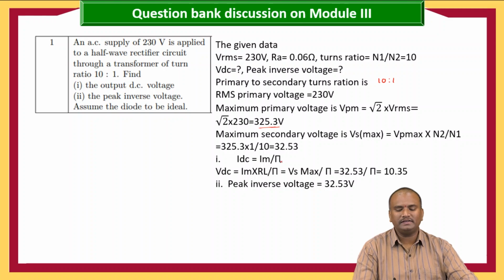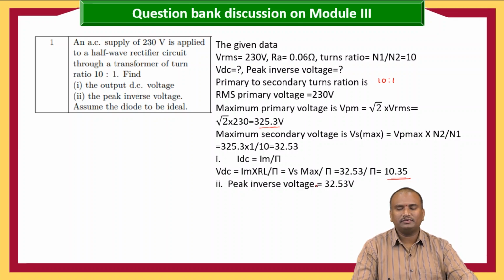And here IDC is equal to Im by pi, where VDC is equal to Im into RL by pi, which is equal to Vs max by pi, which is 32.53 divided by pi, which is equal to 10.35 volts. This is the DC output voltage.